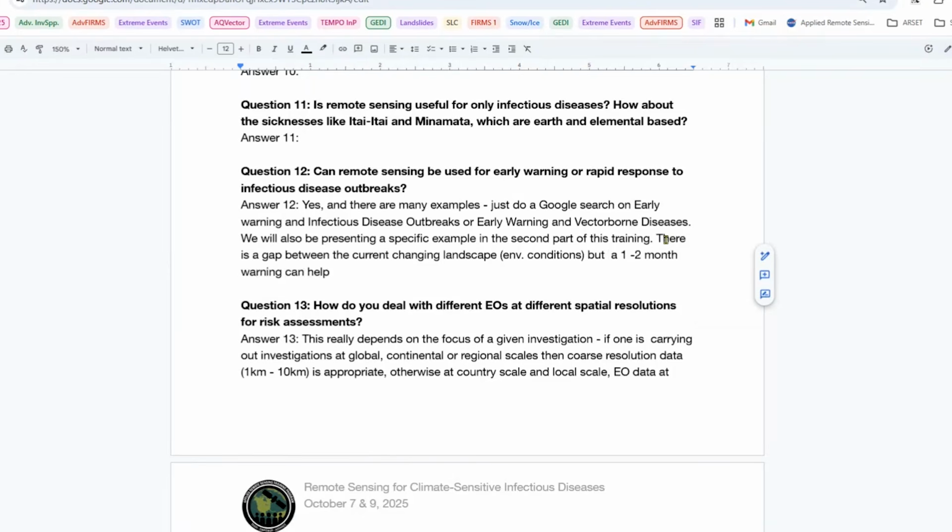So this is the entire purpose, essentially, of early warning systems: to provide support and give some warning to the healthcare professionals and public health professionals in the area.